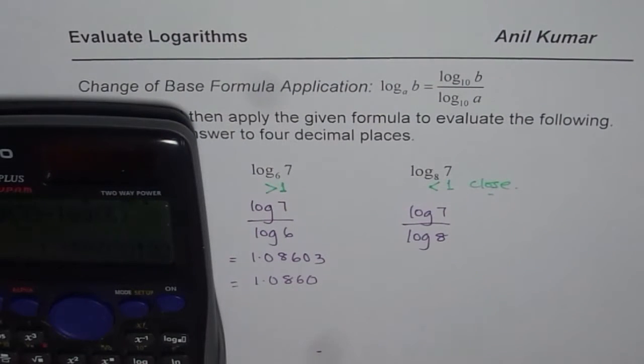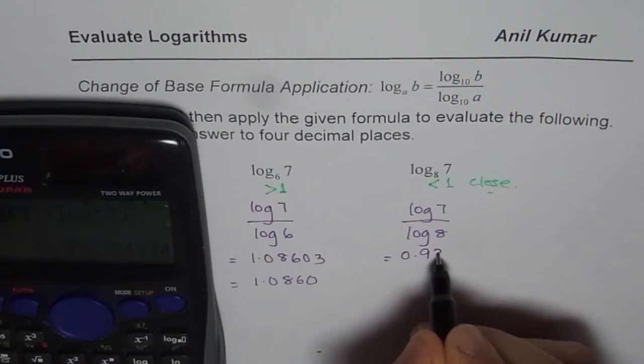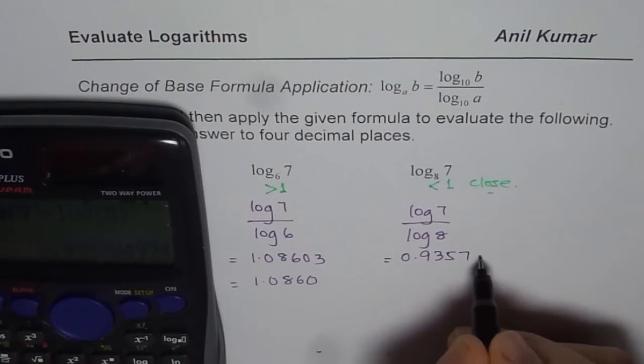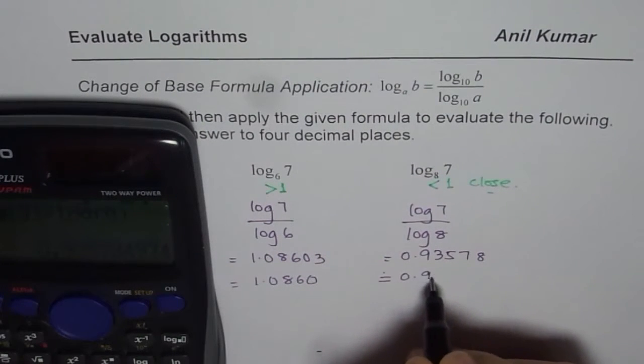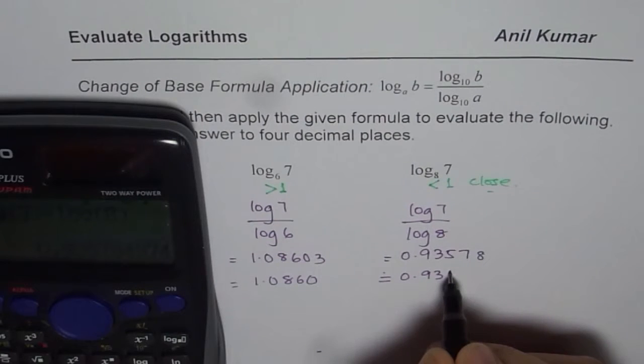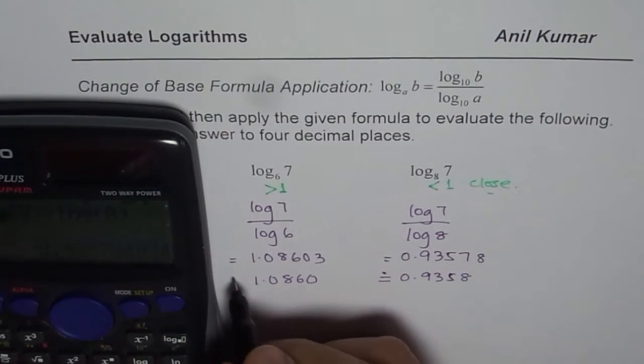Now let's do the next one, which is log of 7 divided by log of 8, and that is, as expected, 0.93578, correct? Rounding to 4 decimal places, 0.9358, correct?